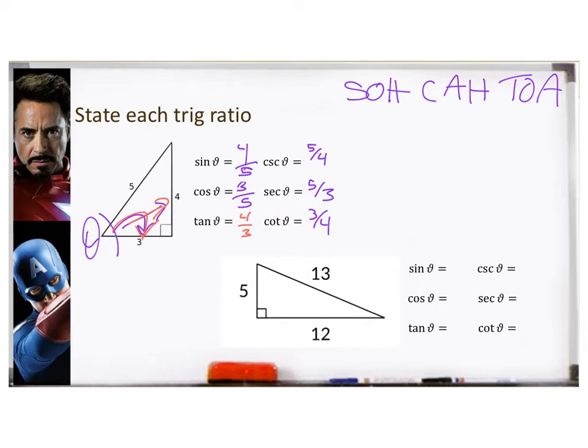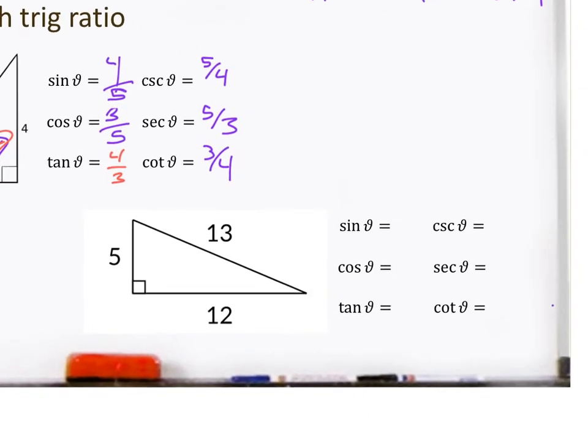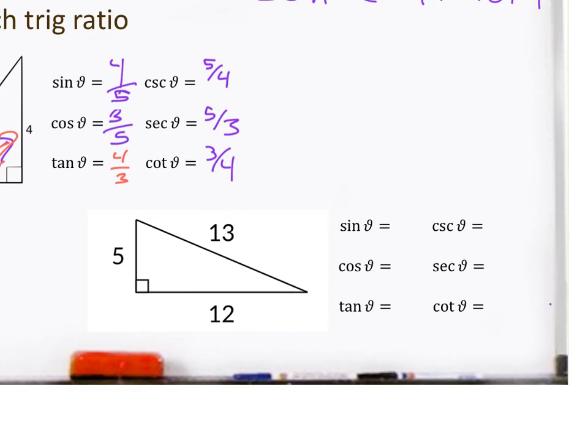All right, let's look at the next one. I'm going to zoom in a little bit. So if we're going to take this as our theta, sine is opposite over the hypotenuse. Cosine is adjacent over the hypotenuse. There's my adjacent. Whereas my tangent is opposite over adjacent.